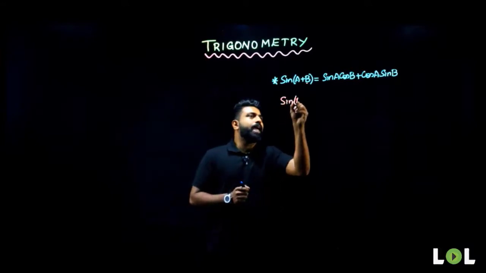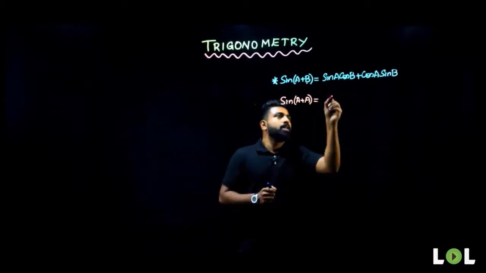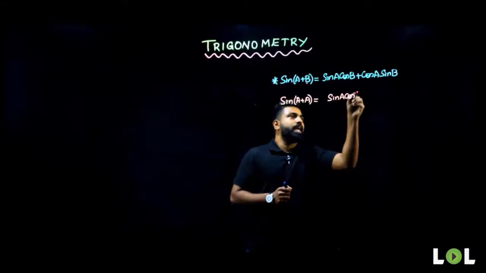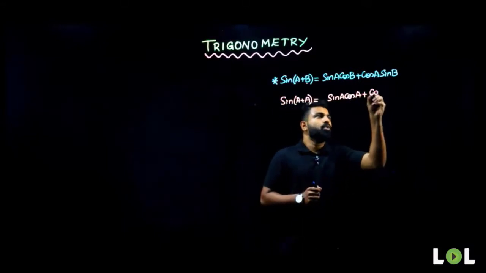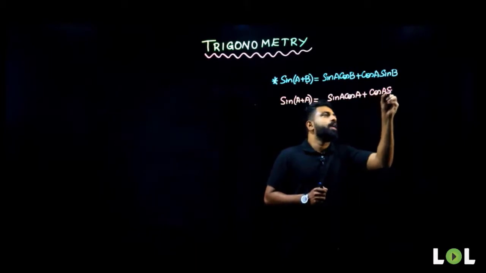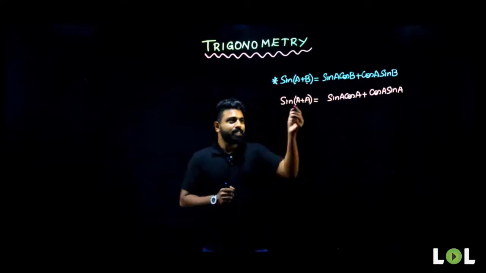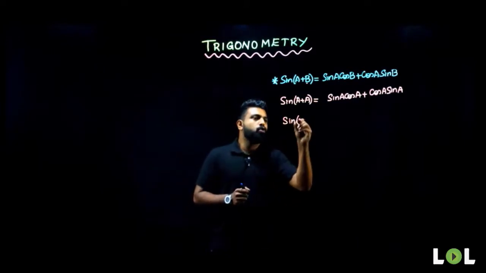Sin of A plus A, and this will be equal to sin A cos A plus cos A into sin A. Now what can I write this as? I can also write this as sin of 2A.